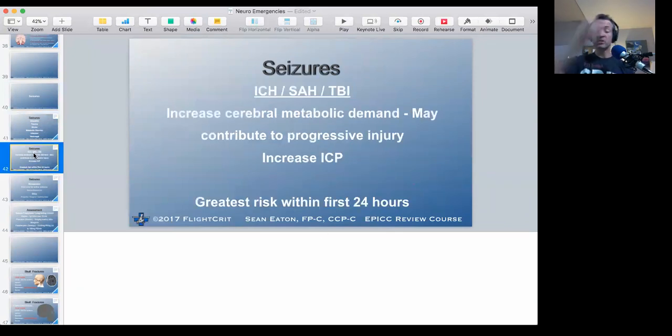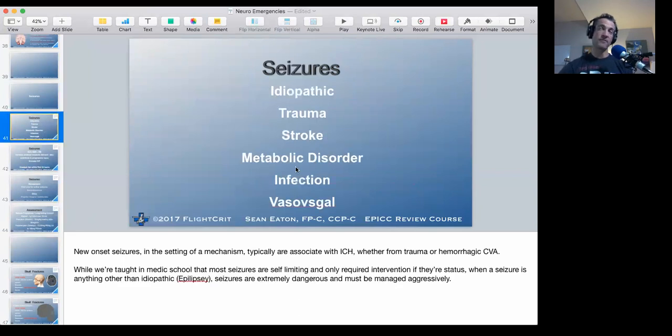We know how to manage these if they are, in fact, status: benzodiazepines. As far as metabolic disorders, of course, we need to correct whatever metabolic disorder is causing the problem. Infections, always going to be antibiotics, and then manage them symptomatically. Of course, trauma, we need to expect that this is an elevated ICP.